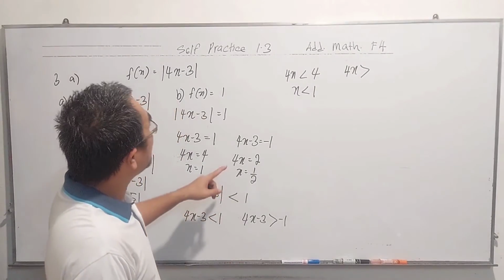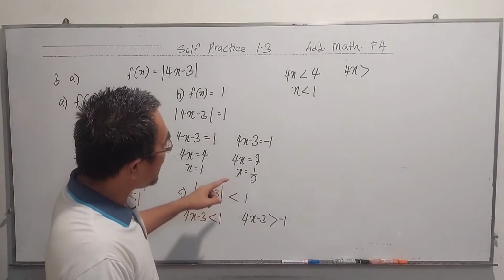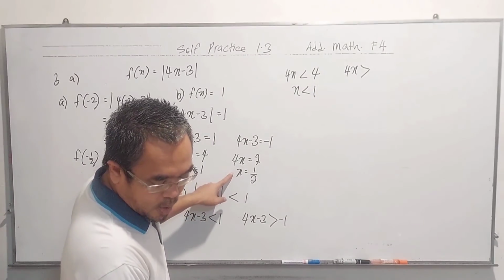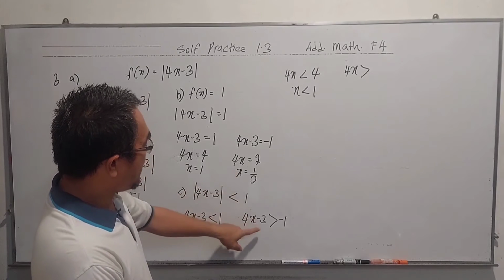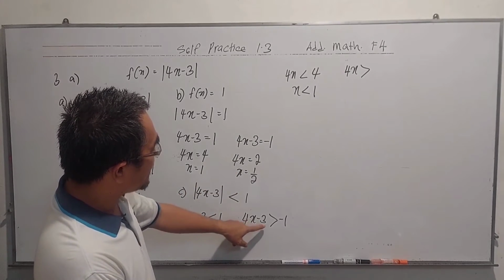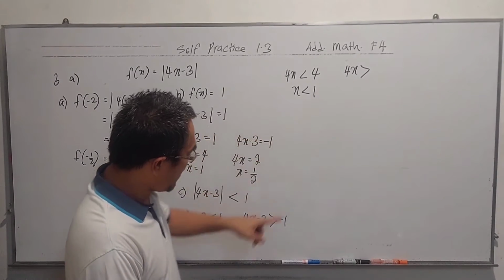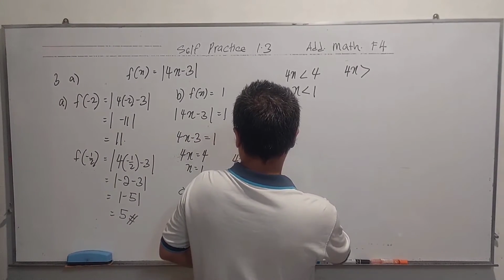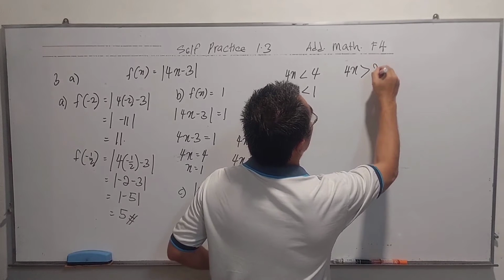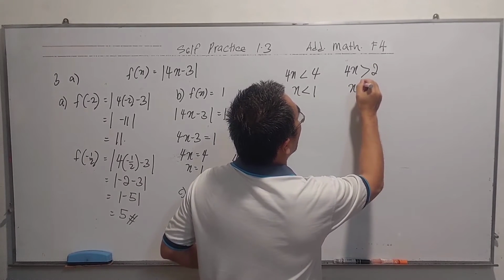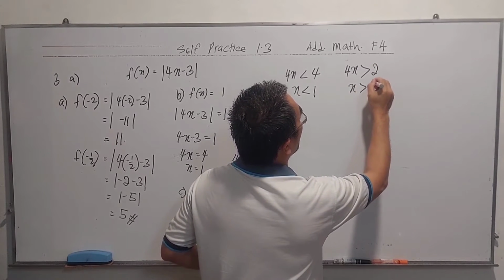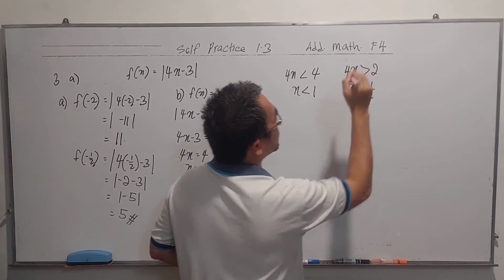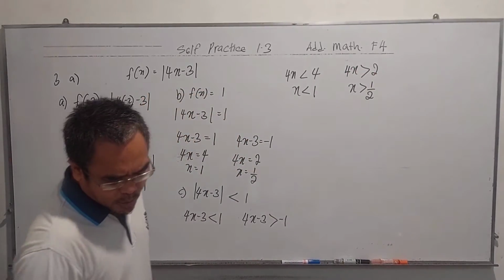Okay, welcome everyone. We are at question number 3, self-practice 1.3. Now we are solving for 4x minus 3 larger than negative 1. So negative 1 plus 3 will be 2. So x will be larger than 2 over 4, which is 1 over 2.